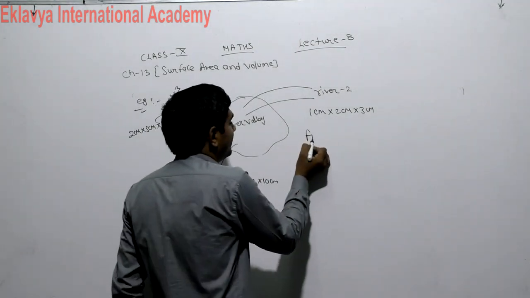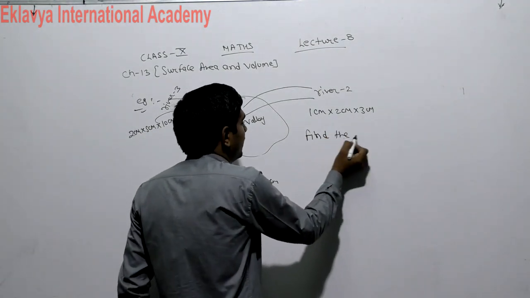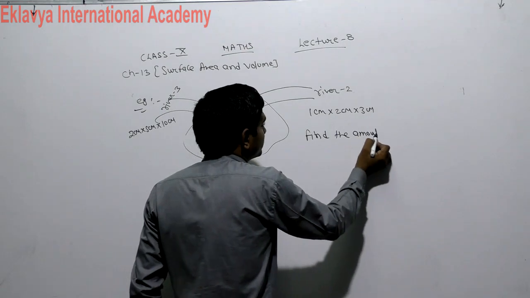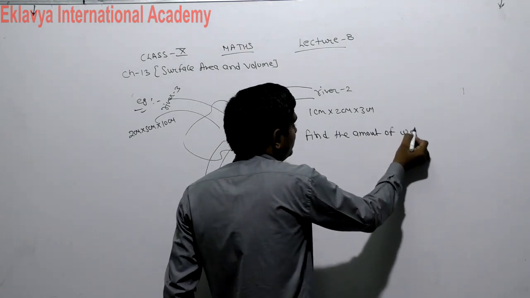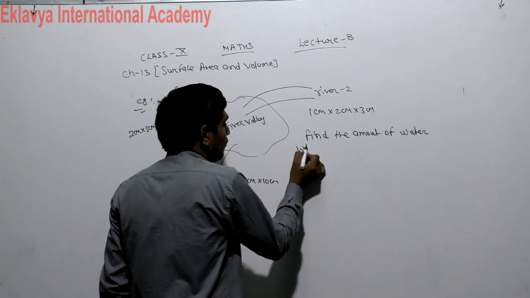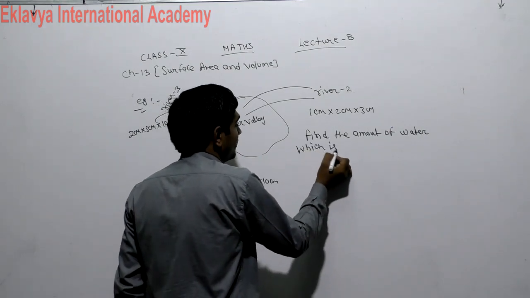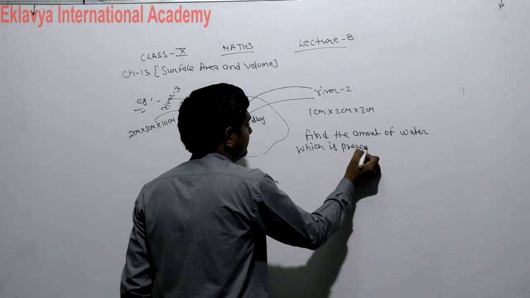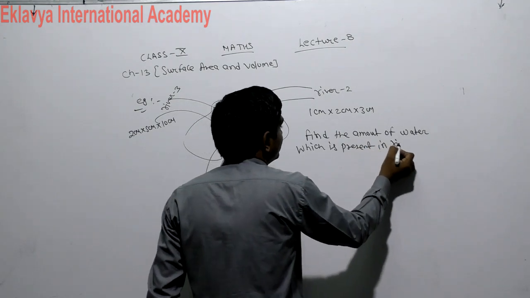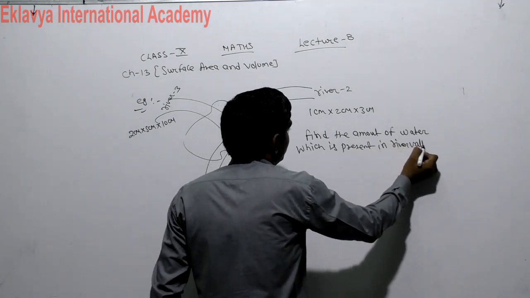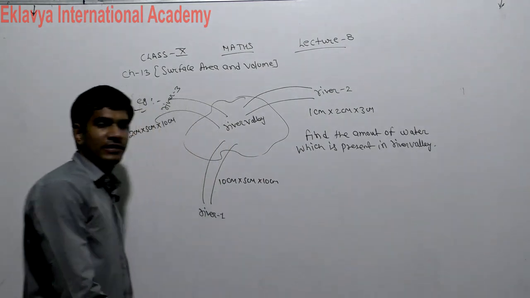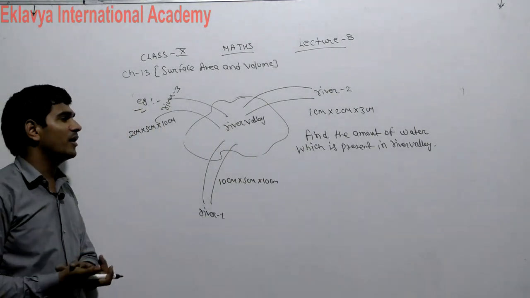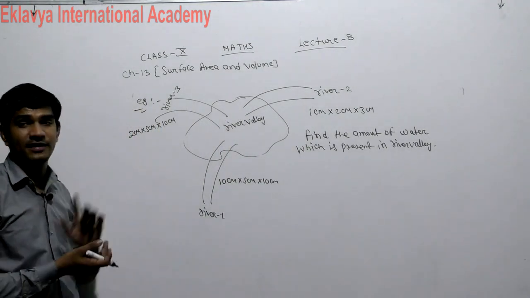So find the amount of water which is present in a river valley. So how will we find out, students? What is the total amount of the water which is present in the river valley?